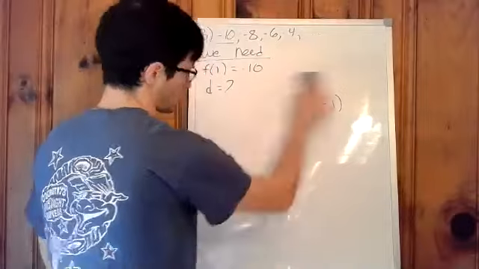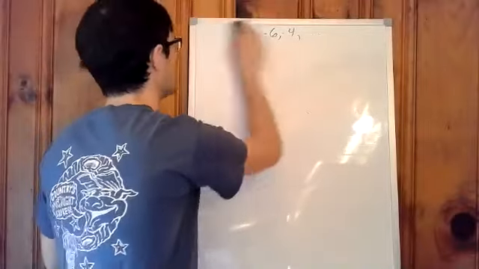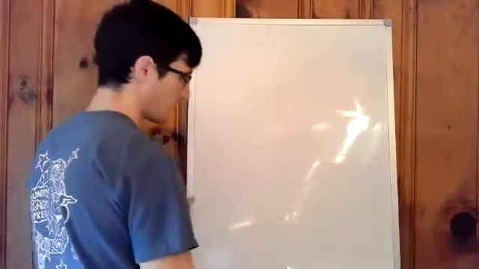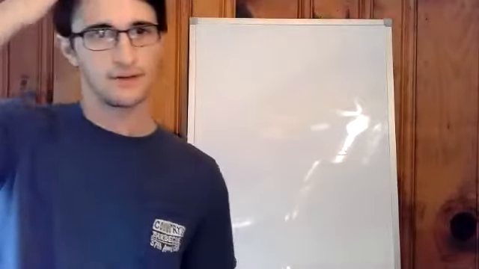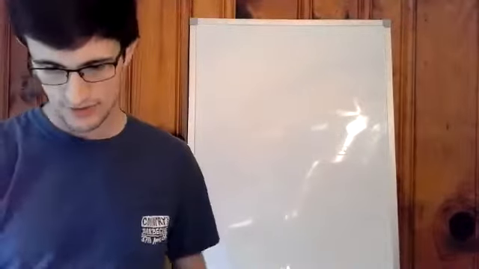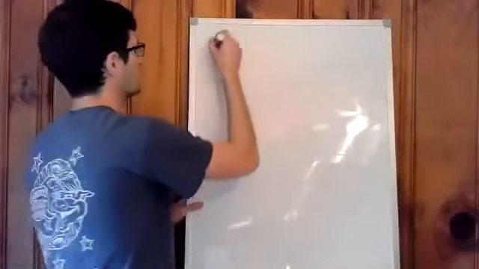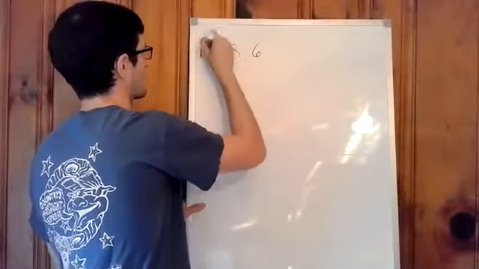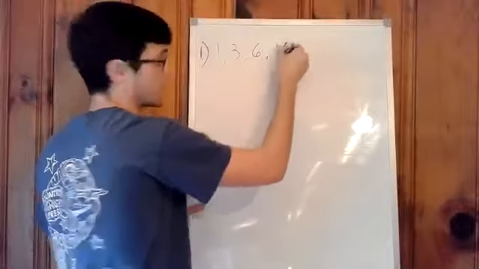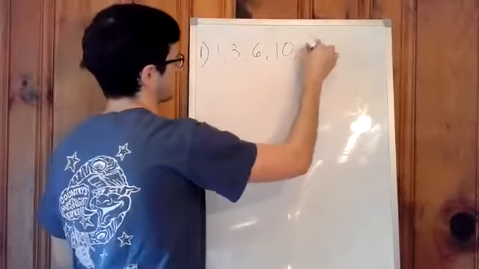So this worksheet works backwards a little bit because we already covered how to do that, but then we had more steps added on. So let's look at this one. Let's check number 1: 1, 3, 6, 10, 15.